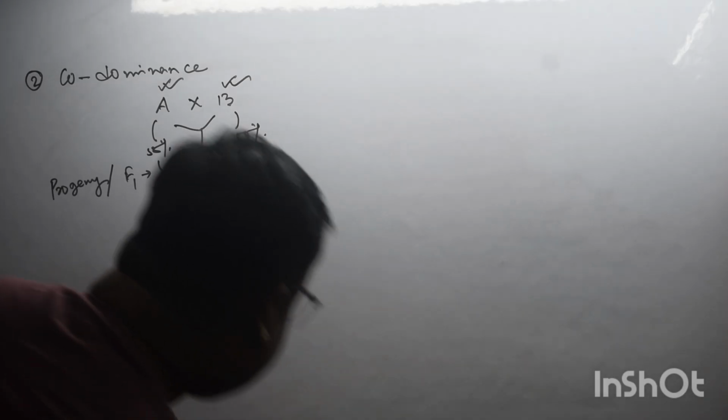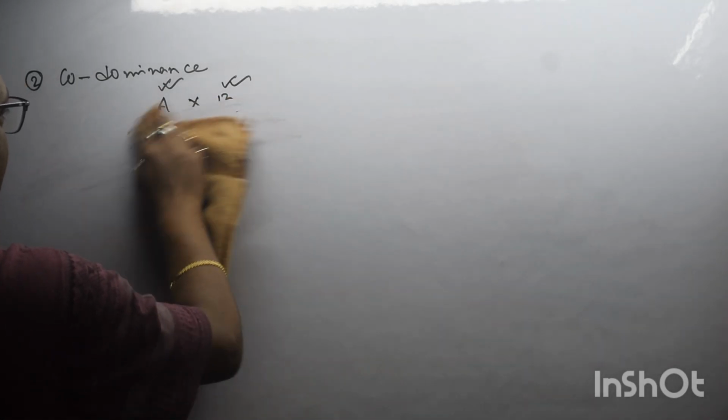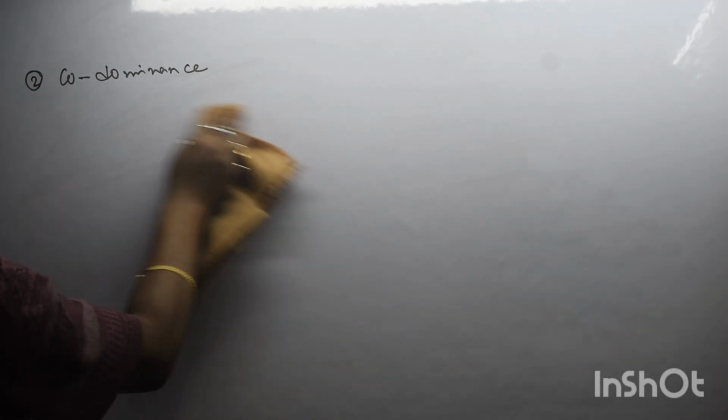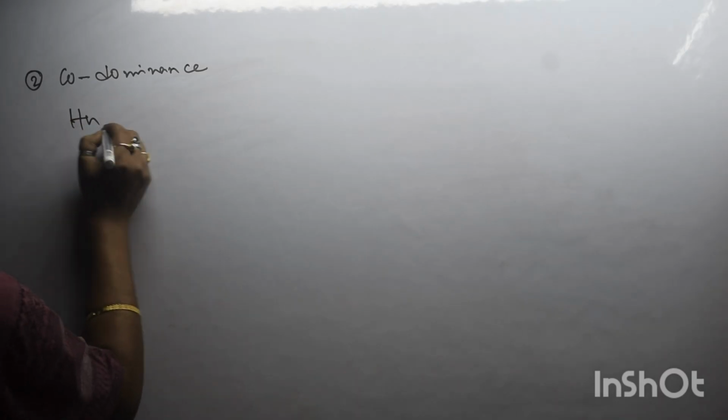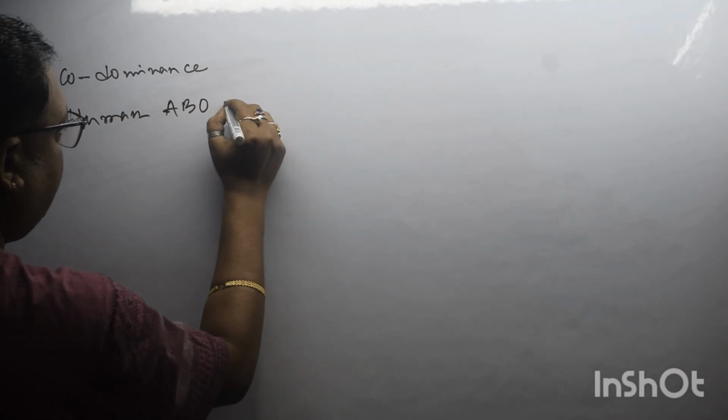Next, the best example that we can take for codominance is the human ABO blood group.